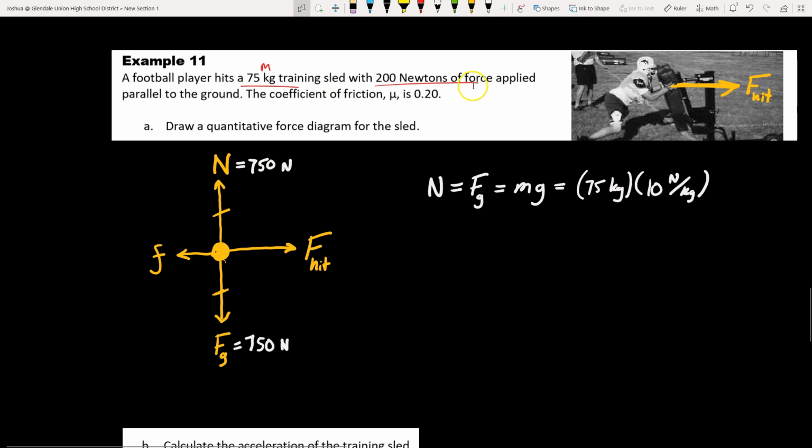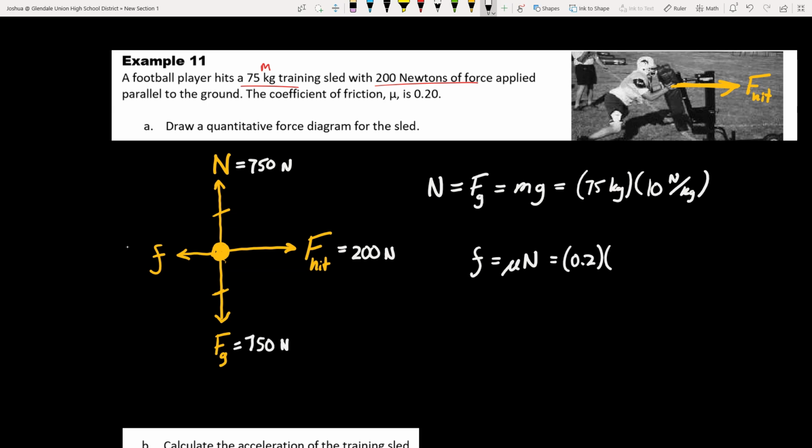Now, they originally told us the 200 newton force is that hitting force to the right. So the only one we now need to calculate is the friction force. So remember we had that equation. The friction is equal to the coefficient times the normal, right? Well, that is 0.2.